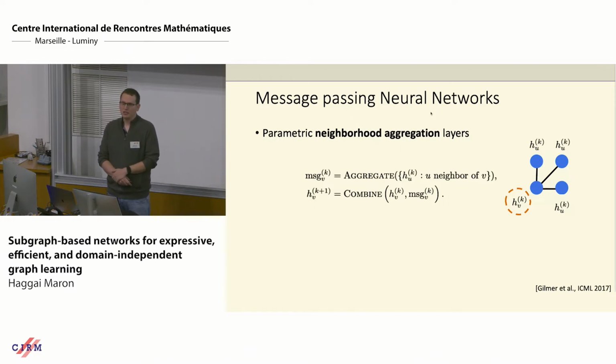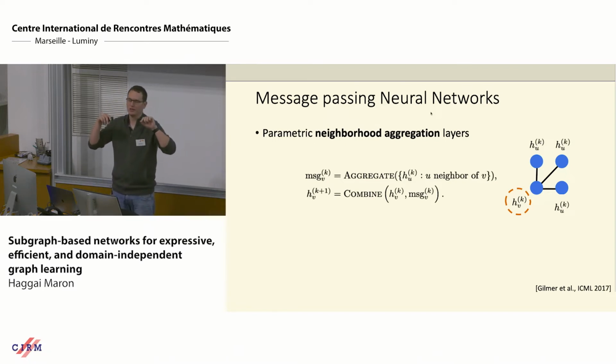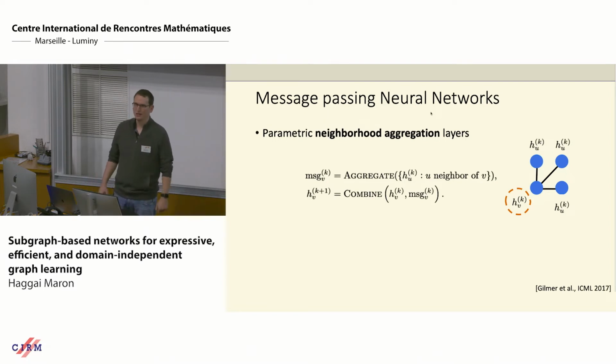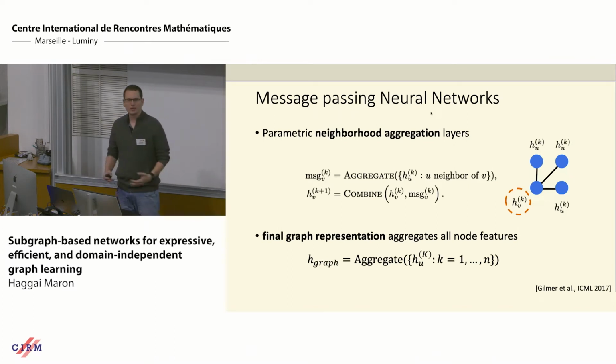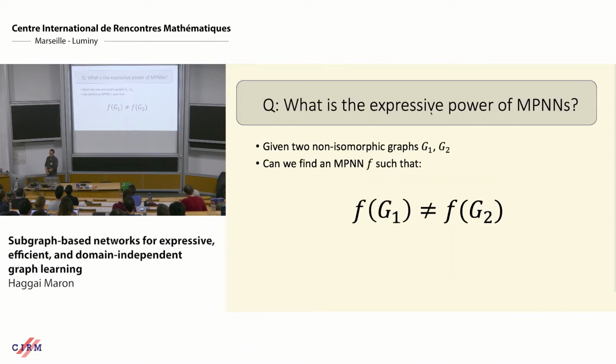At each layer, they take as input for a specific node the set of neighboring features, and they aggregate it in a permutation invariant way, and then they update the node feature. If we want a global feature for the whole graph, we can sum over all those features and get the final feature. This is a great model from many perspectives. It is very scalable. It's easy to understand. But the problem is that it has a fundamental problem.